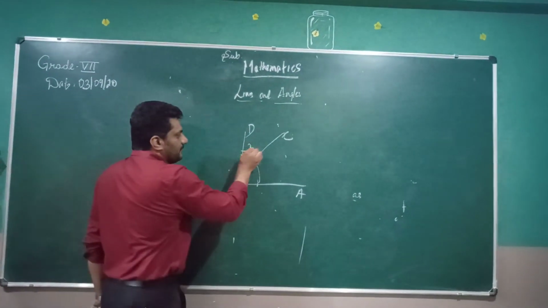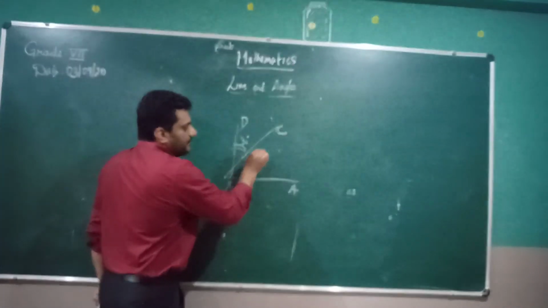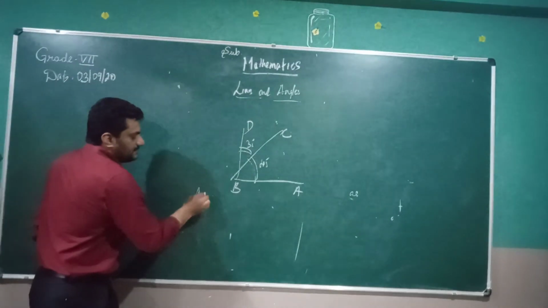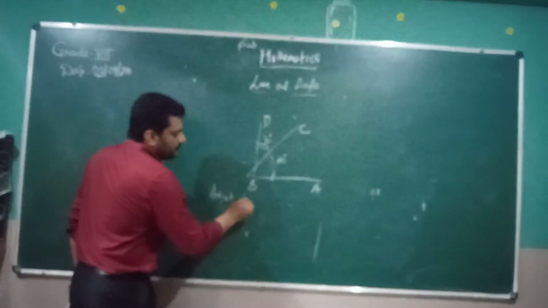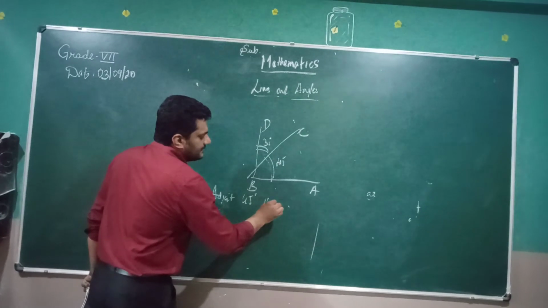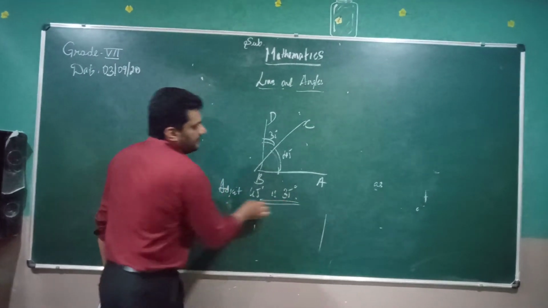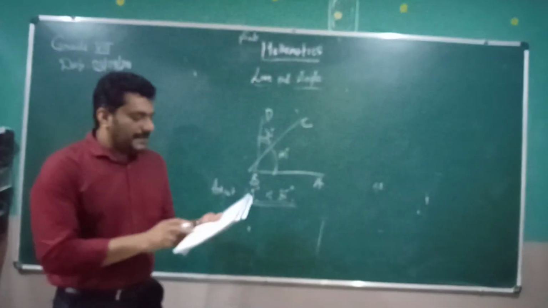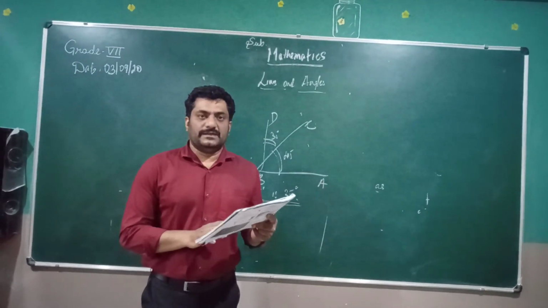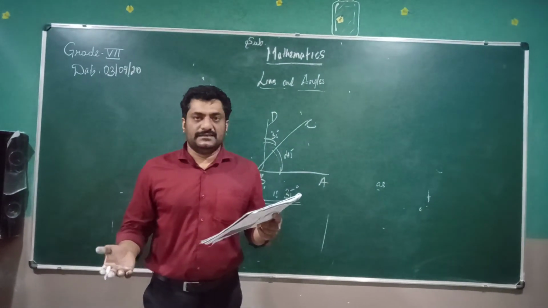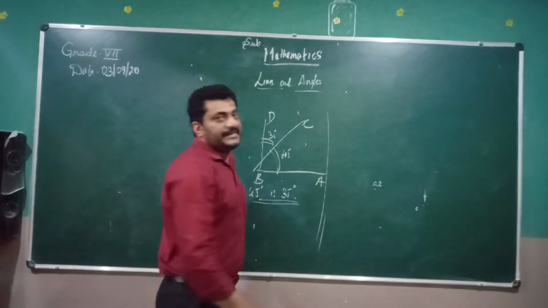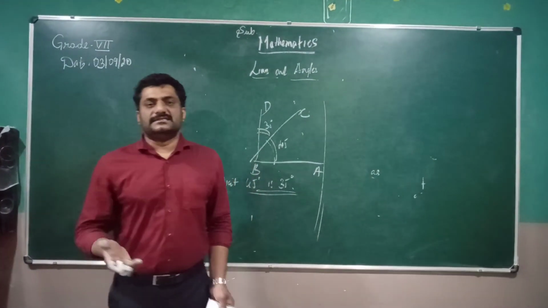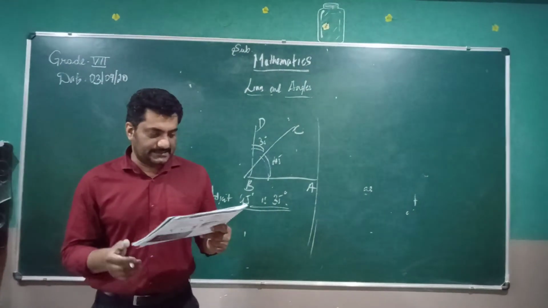If I write 35 degrees and this is 45, so the adjacent angle to 45 degrees is 35 degrees. Okay. Similarly, I want you to try the ninth one. Adjacent angles is next to that. Again, linear pair is sum of two angles equal to 180 degrees.